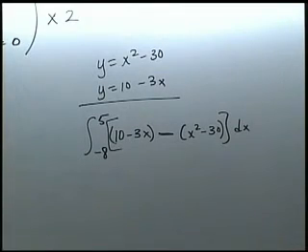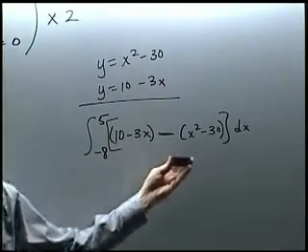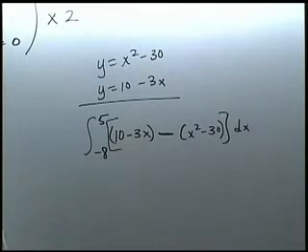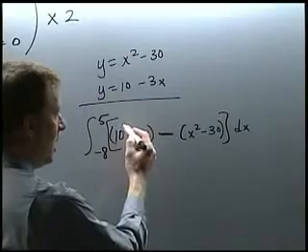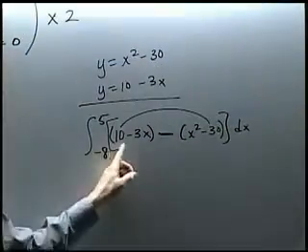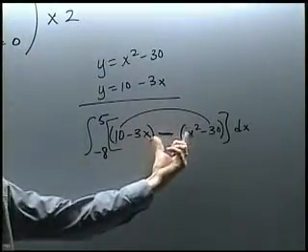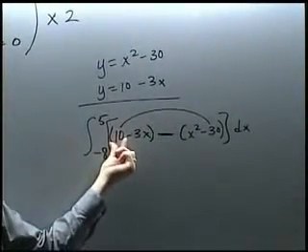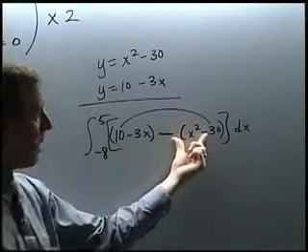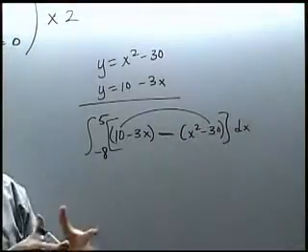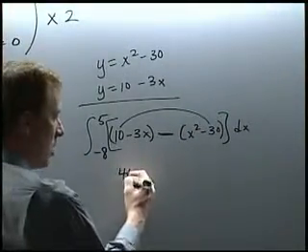I might recommend that if you get a problem like this, try to clean it up a little bit before you actually go through and take the antiderivative. What I mean by cleaning it up: we've got a couple of numbers right here, and I don't mean that this is multiplication, but let's just try to simplify this. I've got a +10 here and a +30. I might as well join those together as a +40.